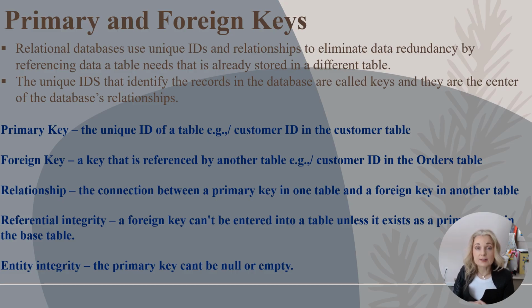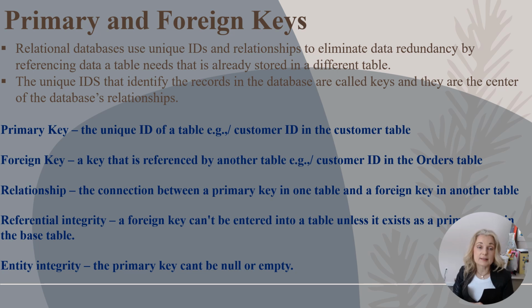Databases are linked together through the use of primary and foreign keys, and relational databases use unique IDs and relationships to eliminate data redundancy by referencing data a table needs that is already stored in a different table.